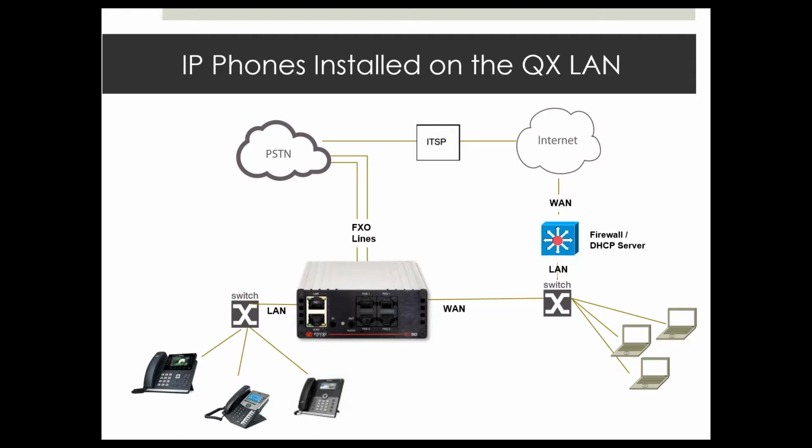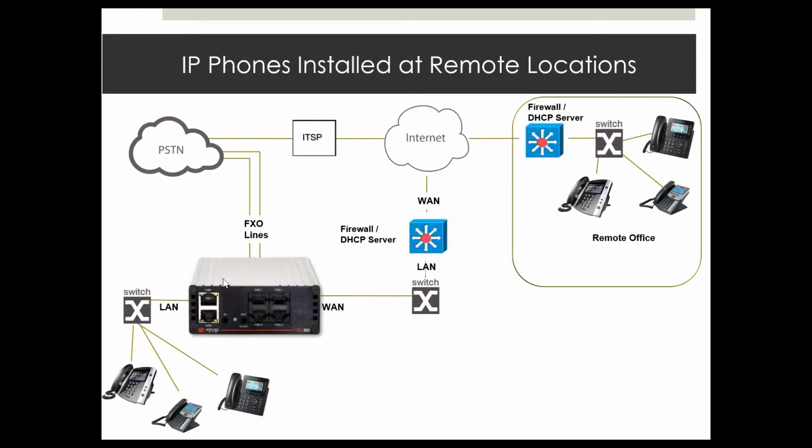Another option would be you still have the same broadband connection coming in. They got the firewall in place. They've got a switch. You can still connect the QX WAN port to that network. That way the QX can get outside access out through the internet, can get out to the SIP trunks, can get out to send for applications like email. But notice the placement of the phones this time.